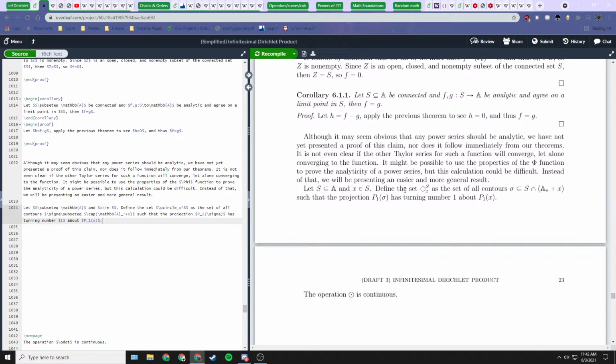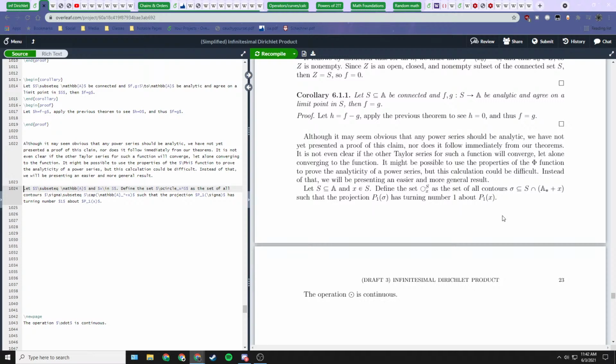So this class is a set of contours sigma in S such that this projection has turning number 1. It makes a loop about the point P1 of X one time in the counterclockwise direction.